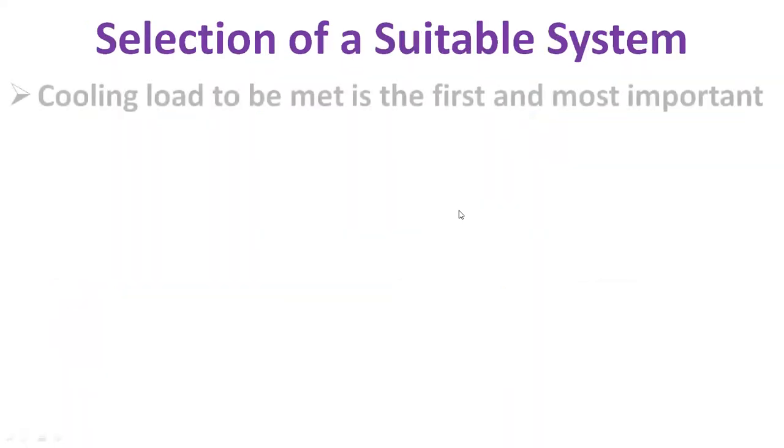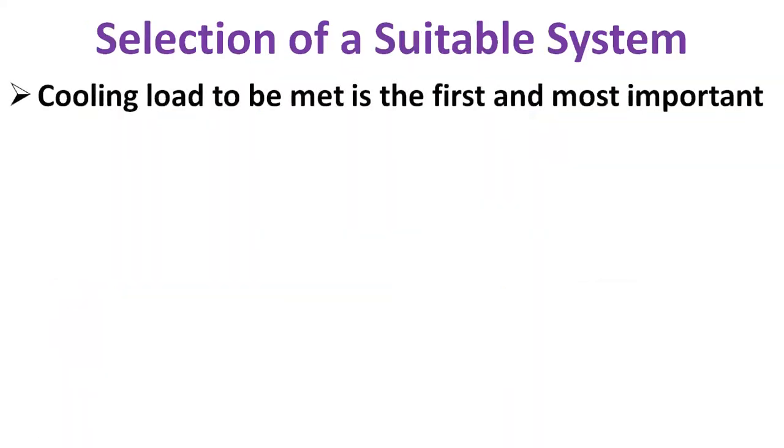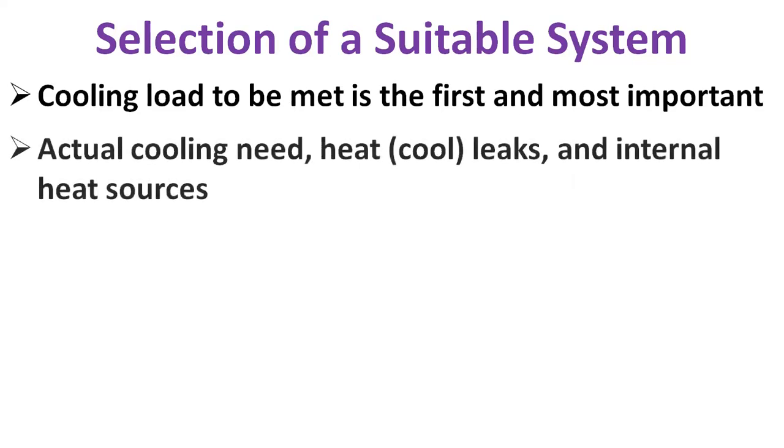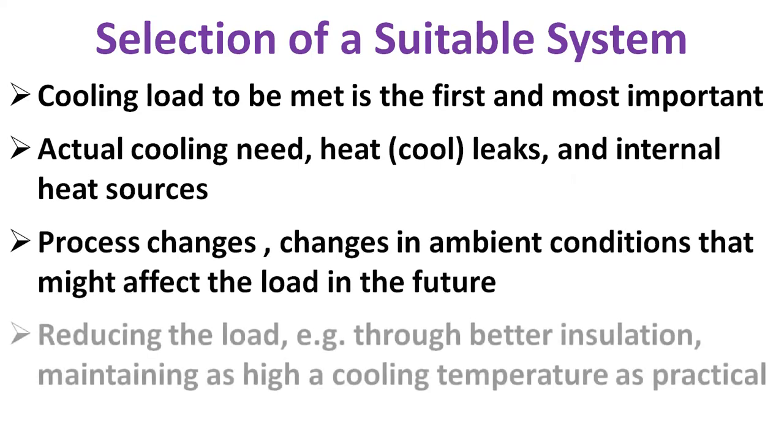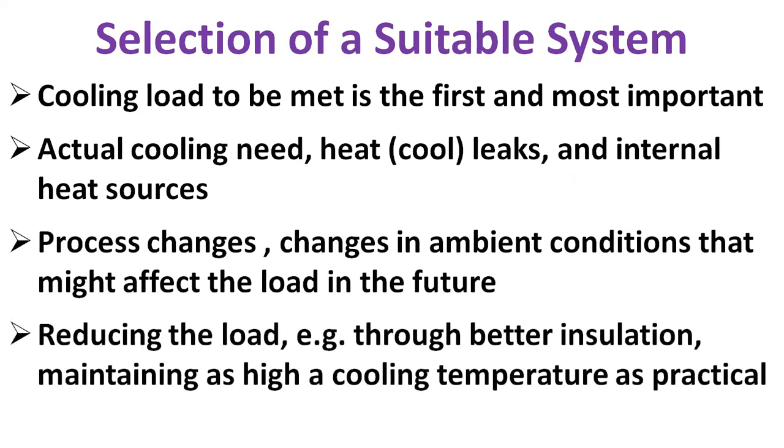So if you see the selection of a suitable system, a clear understanding of the cooling load to be met is the first and most important part of designing or selecting the components of a refrigeration system. Important factors to be considered in quantifying the load are the equipment cooling load, heat leaks or cool leaks, and the internal heat sources from all heat generating equipment.